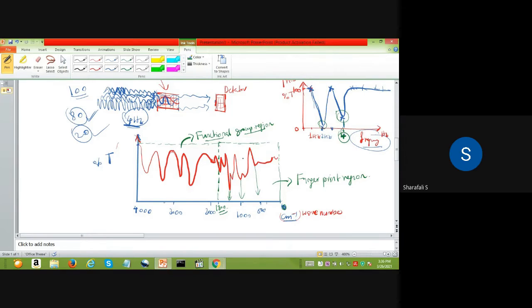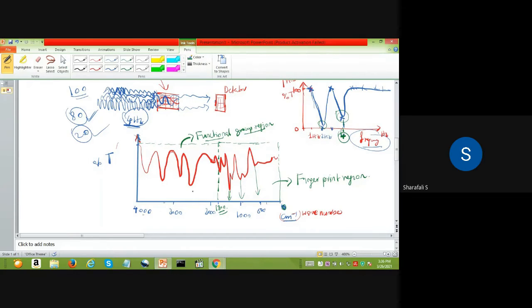For example, OH group, CO group, CH3 group, CH2 group, such different functional groups. The presence of those functional groups is given by 4000 to about 1800 centimeter inverse.